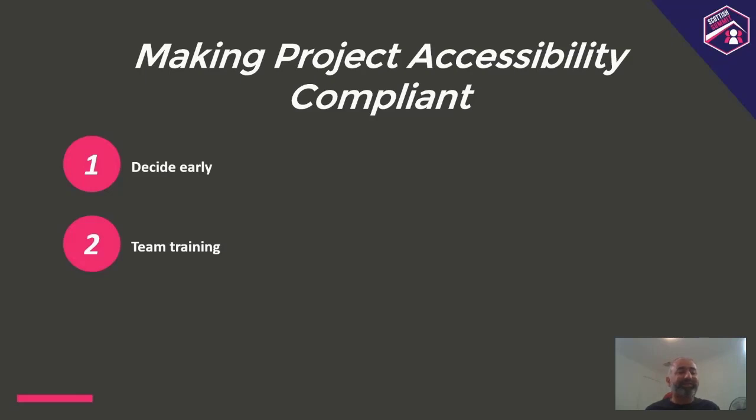Team training. In the team, I'm referring to developers, consultants, testers, project managers, and anyone who is involved in an agile team, because people are working together, they need to understand what accessibility is and how to achieve accessibility standards. So a basic training, even a basic session similar to what I'm presenting now, will serve the purpose.